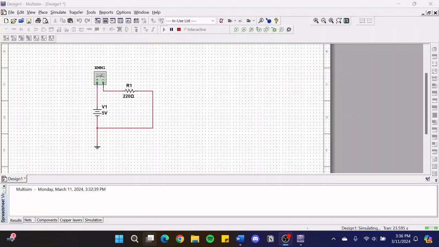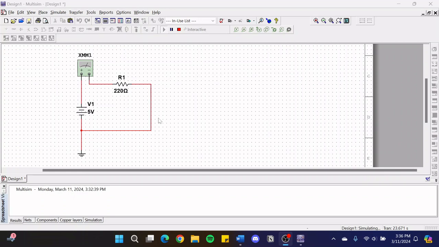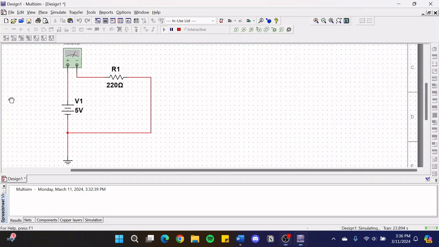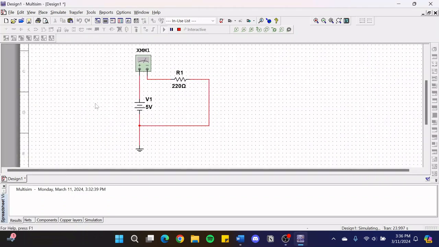Alright guys, so here we have our little simulation going. So just so you see it, this is our 5 volt power source right here. This is our 220 ohm resistor. This is our multimeter that we have set to amps that is connected in series with the circuit.